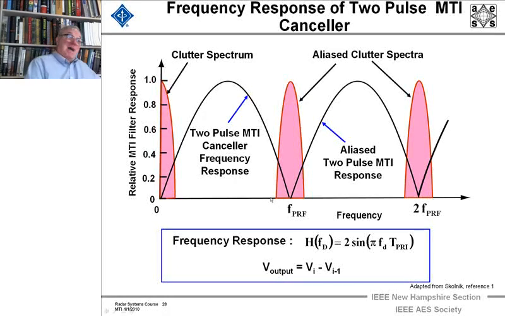And a minus 190 knots will appear also at minus 90 knots, multiples of the PRF. Now this frequency response of a two-pulse canceller is just given by twice the sine of pi times the Doppler frequency times the time between pulses. And that's for a two-pulse MTI.